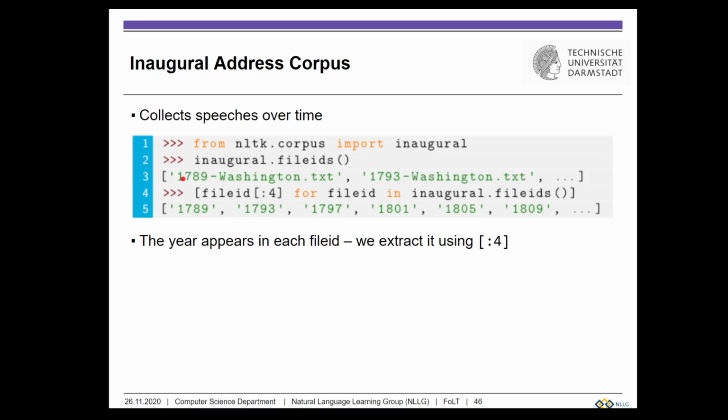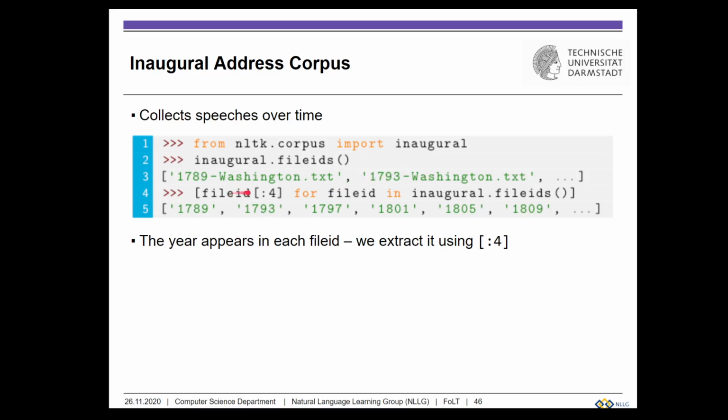First they give the year, then the last name of the president. Of course, every 4 years we have an election. So they start from 1789, the first US president, then they go to 1793, etc., until 2020, more or less. Of course, NLTK will not go until 2020.